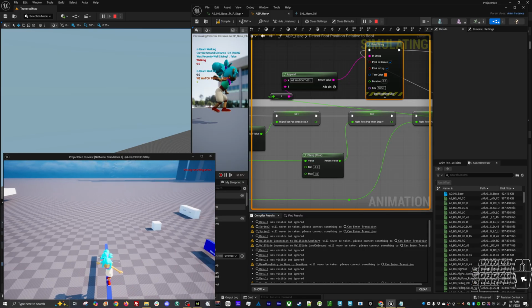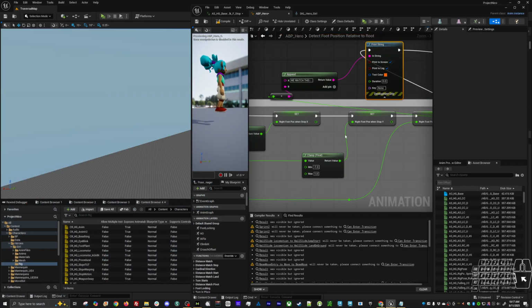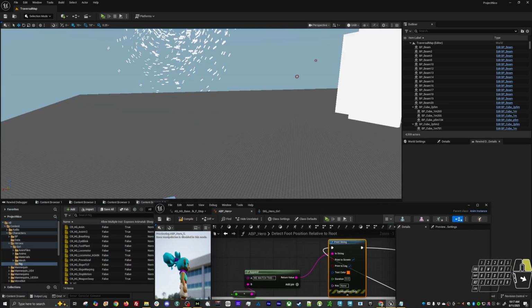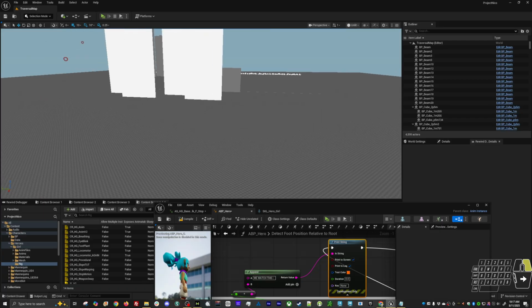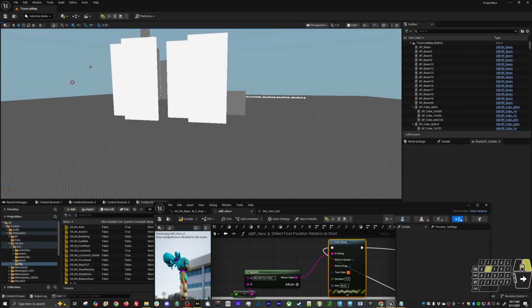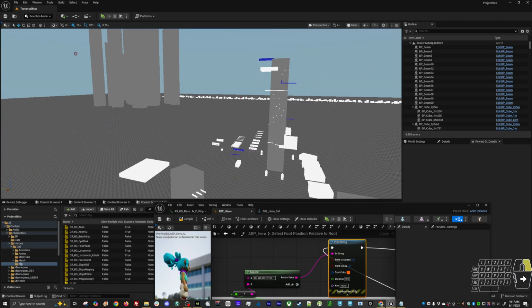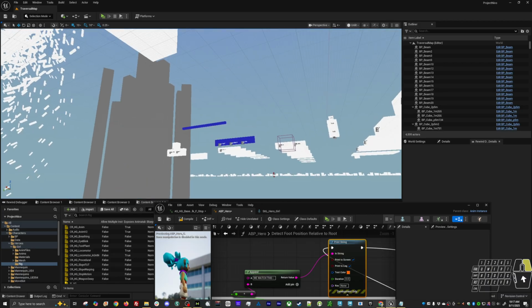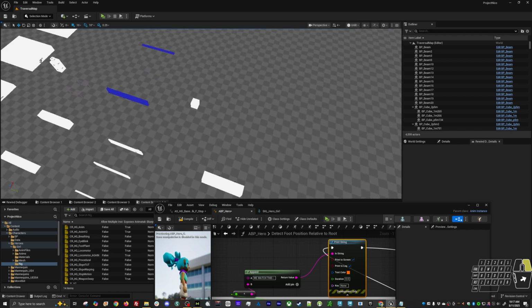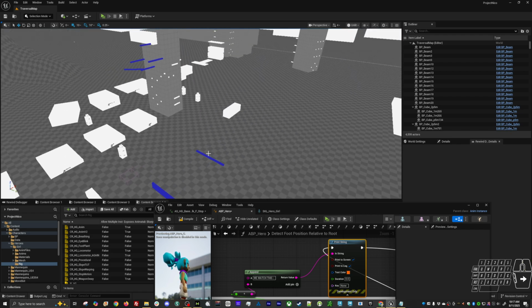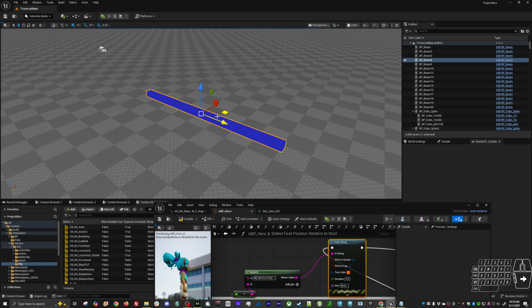So let's turn around. Actually, before we continue, this beam is really, really, where are we? Over here. Whoops. Let's go up. Let's take this beam and we'll duplicate it and move it closer to our player start.